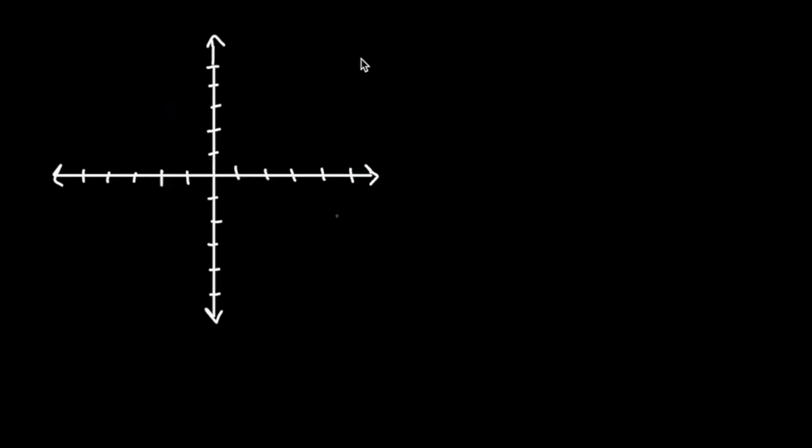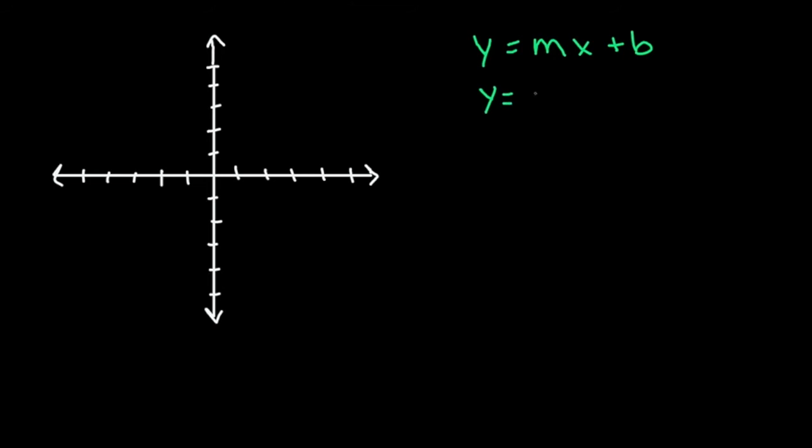So let's try another one. Like I said, we were going to show 2 different ways to graph the equations. In the beginning, we said y equals mx plus b is our slope-intercept form, and you have to get every equation in this form in order to graph the linear equation. So we're going to start off with an equation.